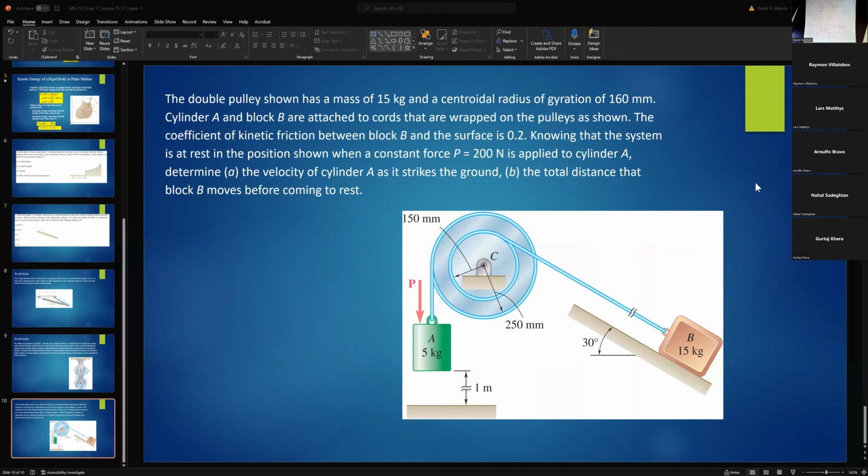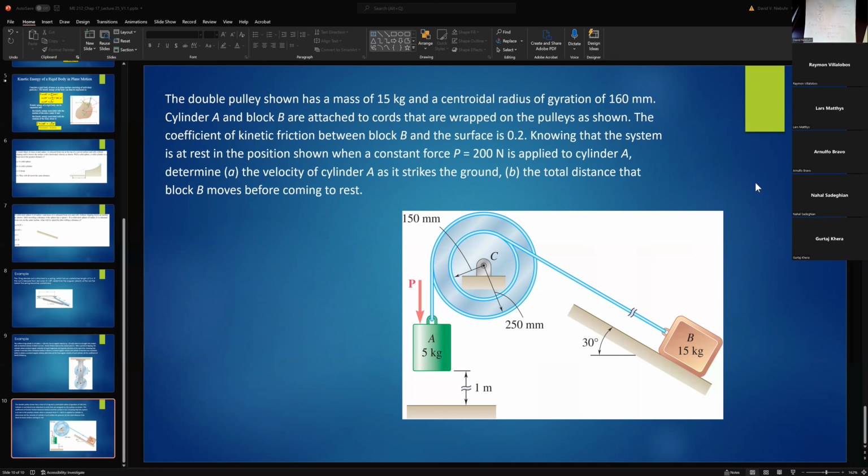We'll assume the cord has negligible mass, so it will just collapse on itself, and the cord itself doesn't matter at that point. So this one has both rotational inertia I due to the pulley, and translational velocity due to the motion of B.